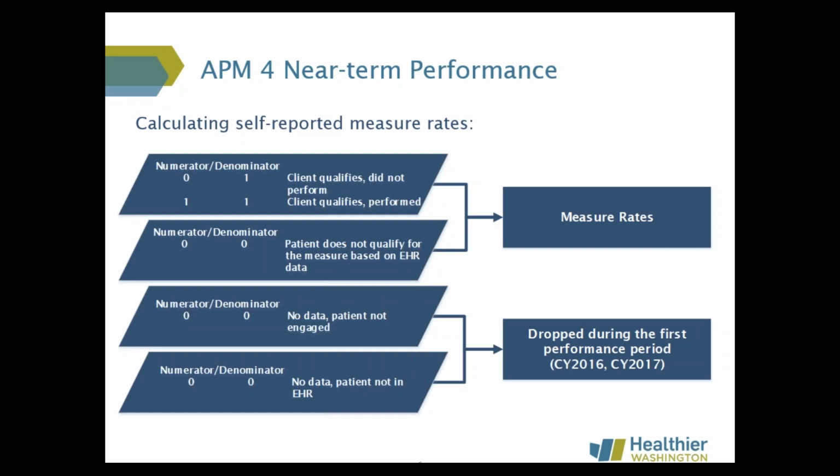So for those clients in the next couple groupings, for zero numerator, zero denominator, where no data was provided and the patient was either not engaged and or the patient was not in your EHR system, ostensibly that the client you don't believe potentially is your client, we are dropping those clients for the first performance period or the first performance grouping for 2016 compared to 2017.